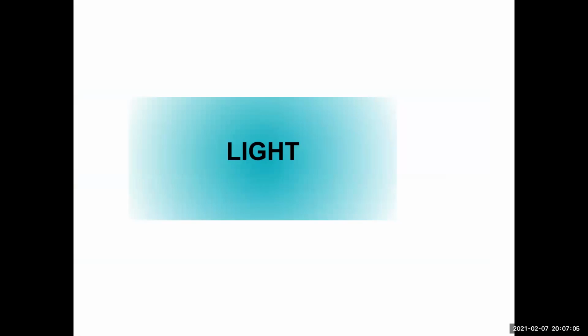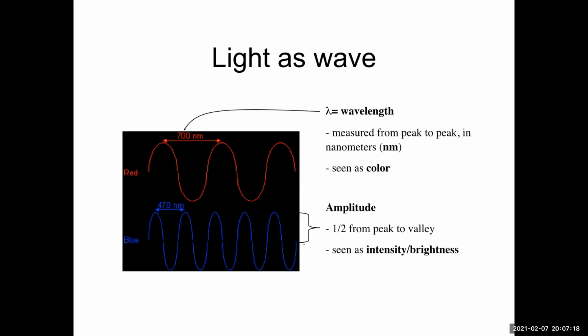So let's take a moment to think about light itself. We'll come back to this a little bit later in the class, but this is just sort of the first approach to what is light and what are the properties of light that are very important to us as microscopists.